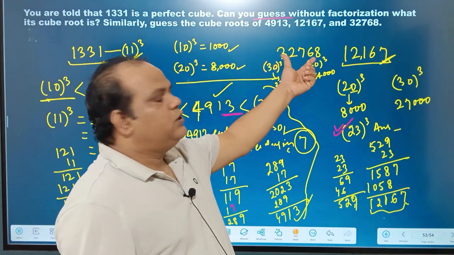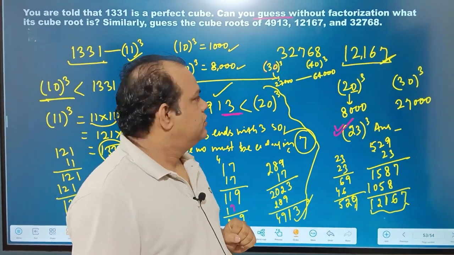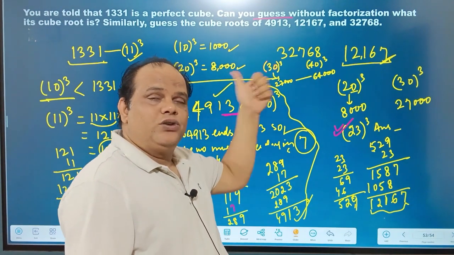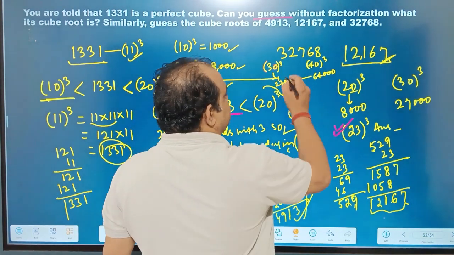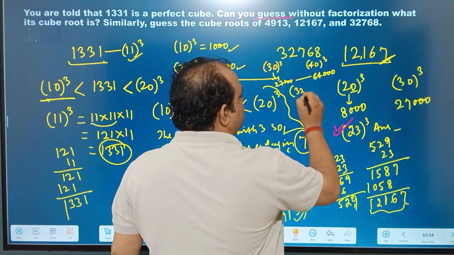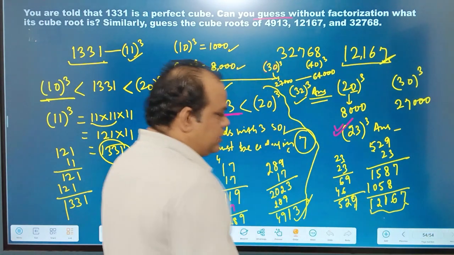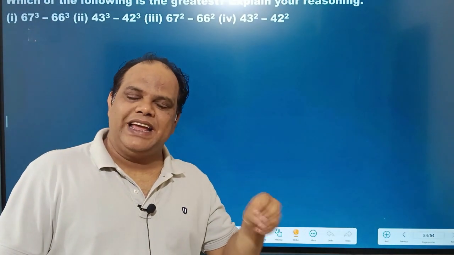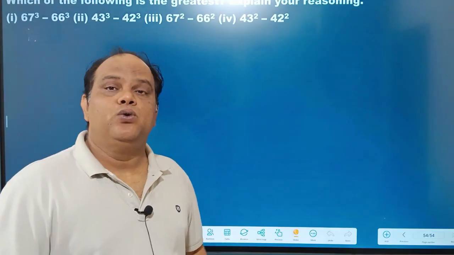So obviously 32,768 is in between 27 and 64. So any number ending with 8, the swap number should end with 2. So it would be after 30, 31, 32. 32. You just try to find out, this would be the answer. Okay. So without calculating also, if you remember the cubes of 10, 20, 30, 40, then you can find out basis the rules we have learned.